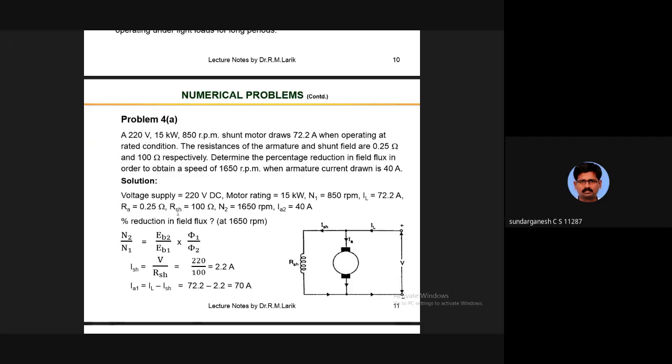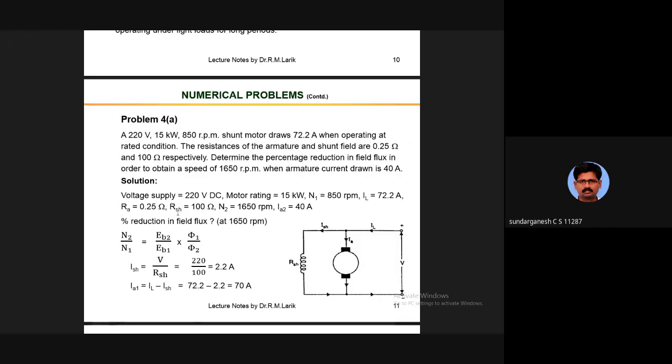In this method, first we see the problems in speed control. All of you write down the problem. A 220 volt, 15 kilowatt, 850 RPM shunt motor draws 72.2 amps when operating at rated condition.